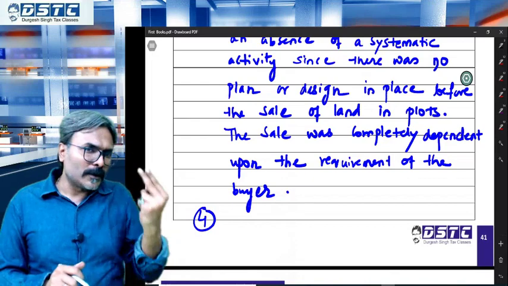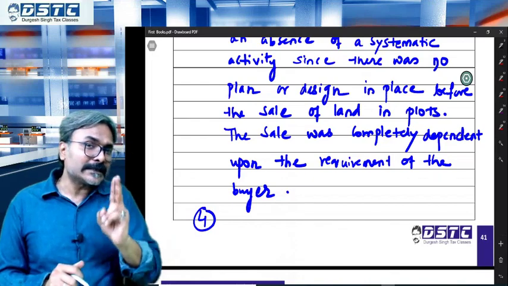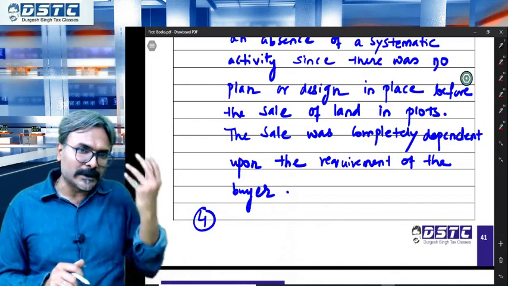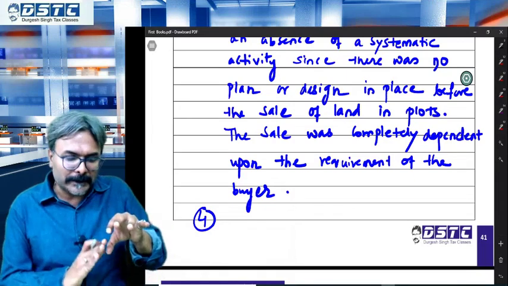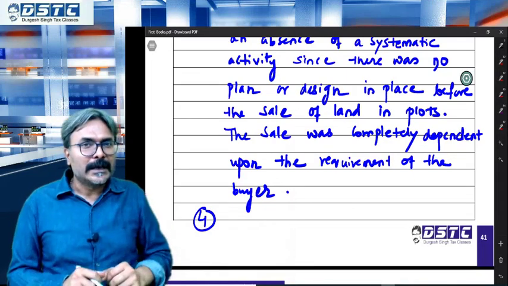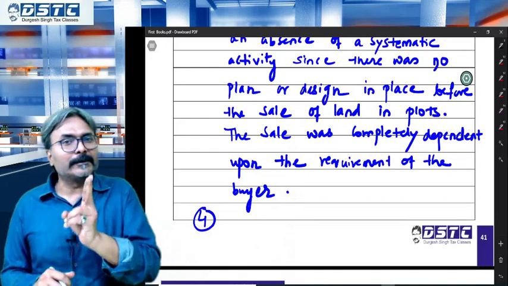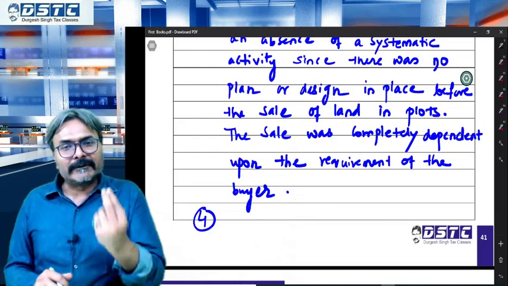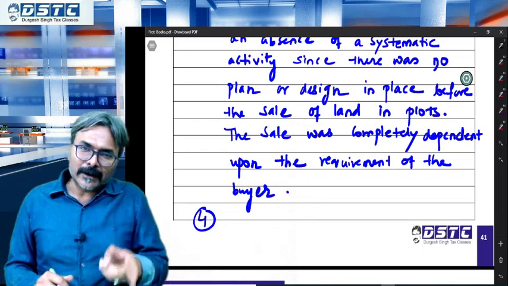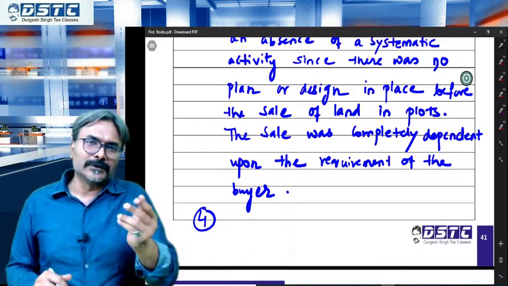First point was about the provision. Second point, the principle arising from that provision. Third point is applying that provision and principle in the given facts of the case. And now the fourth point which I'm writing is the conclusion.